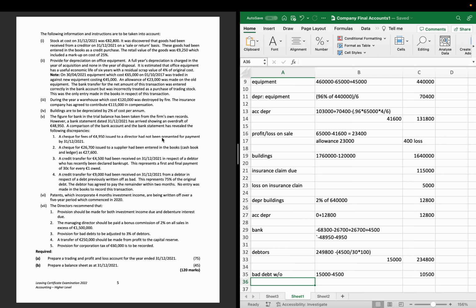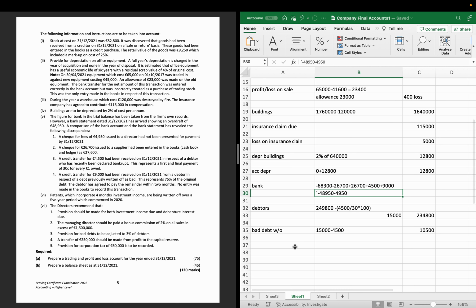Okay. The last one then. A credit transfer has been received. So again, the bank will know about it, but we don't. We've received another 9,000 from a debtor who wishes to trade with us again. Now, it's pretty much the exact same as the previous working, just from a different perspective.